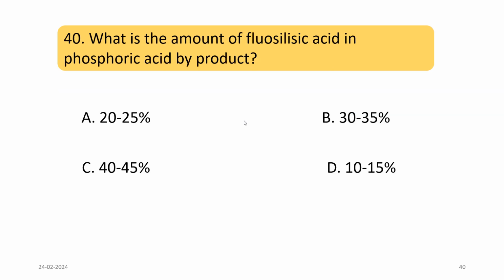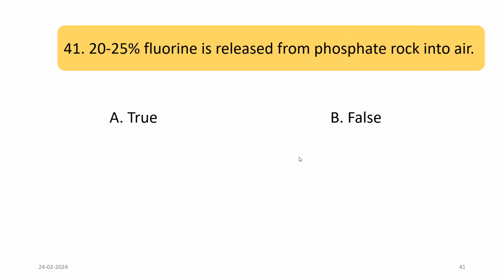Next question is, what is the amount of fluosilicic acid present in phosphoric acid byproduct? Ma'am, it is 20 to 25%. Yes, it is option A, that is 20 to 25%. Next question is, 20 to 25% fluorine is released from phosphate rock into air.